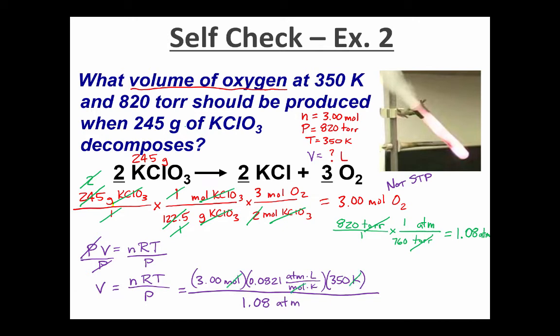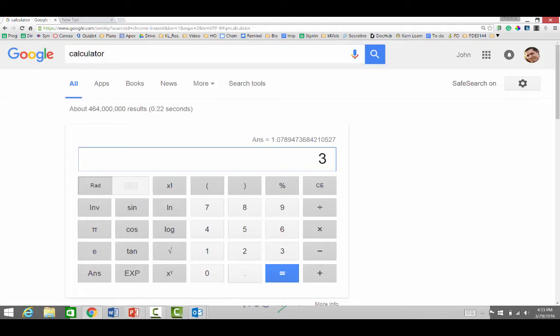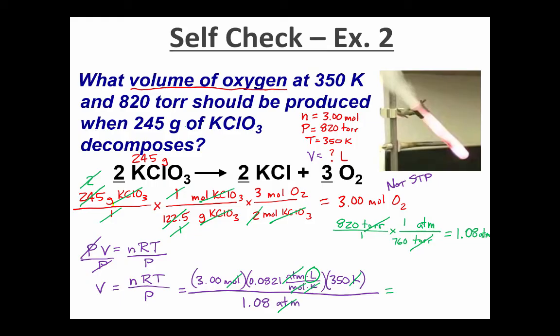And now all the units will cancel, leaving us liters. And 3 times 0.0821 times 350 divided by 1.0789, etc., gives us 79.897, etc., which will be rounded to 3 digits, or 79.9 liters.